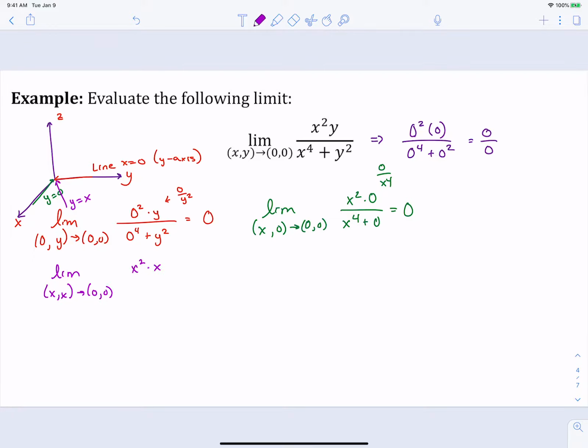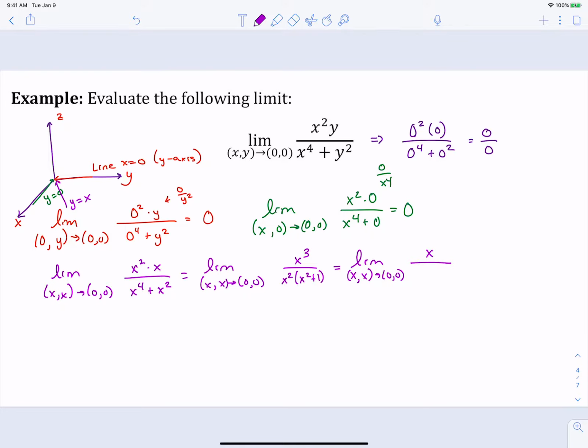So how that would change our limit is our y's would all turn into x's. And this would leave us with something that we could do a little bit of algebra with to see what our limit is. Let's see, what do we get on the top? We've got x to the third. On the bottom, we could factor out an x squared. And we've got the limit as x goes to 0, 0.